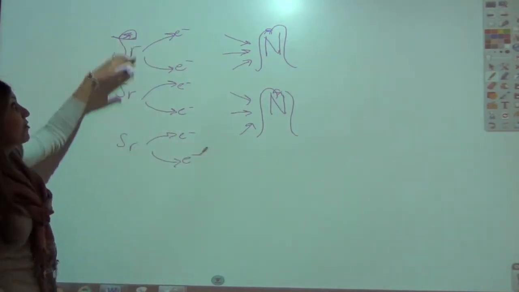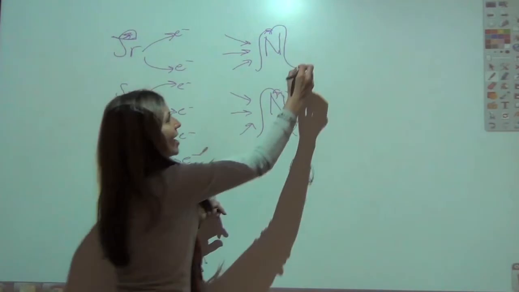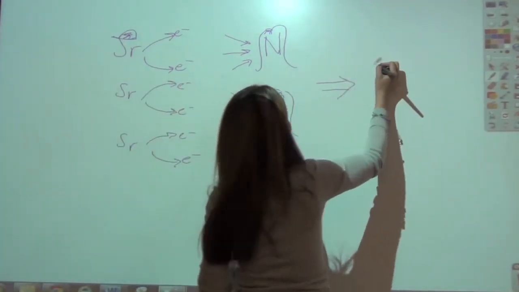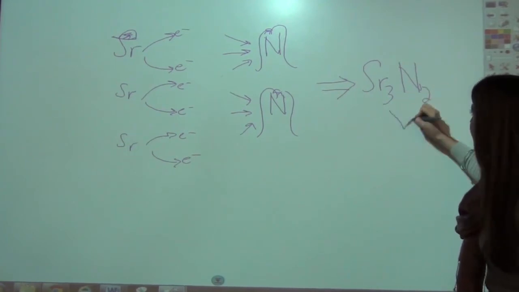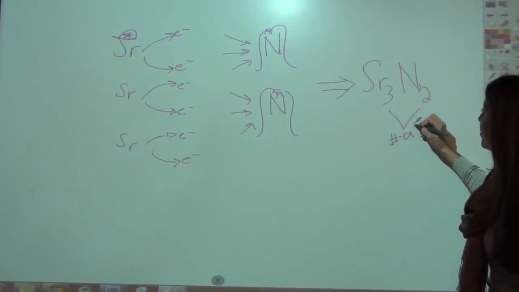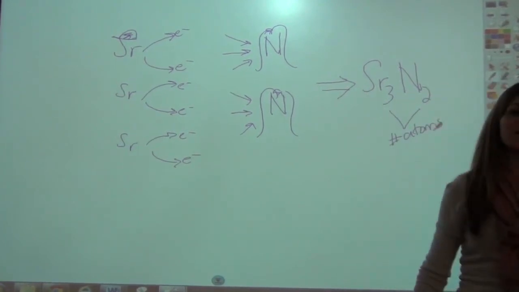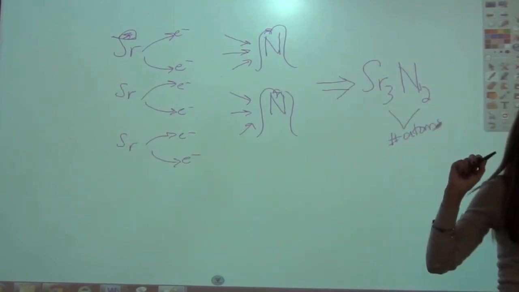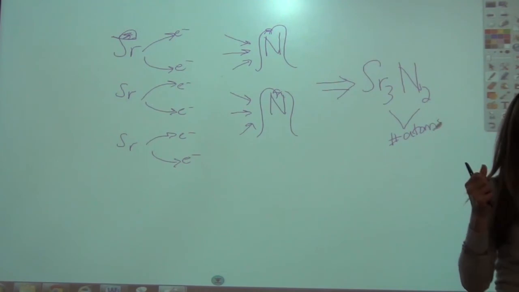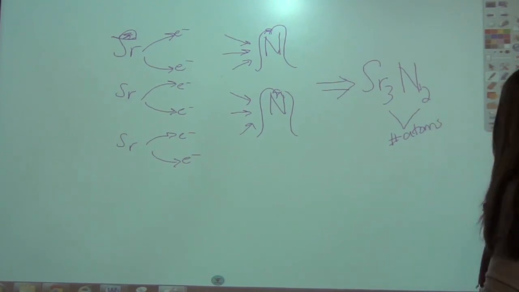You can have Sr3. So the way you would write this then would be Sr3N2, because this number down here tells you your number of atoms. And when you write a formula, you don't have to show the charge. You only have to show the number of atoms that you have in your compound. Good? Okay, so let's go back up and let's try these other 3.